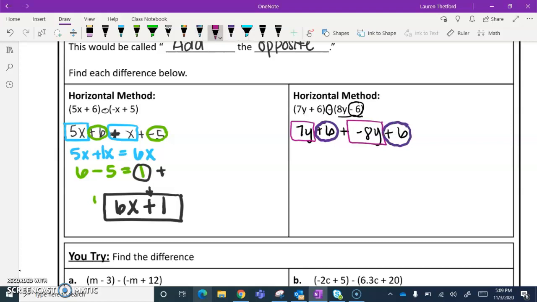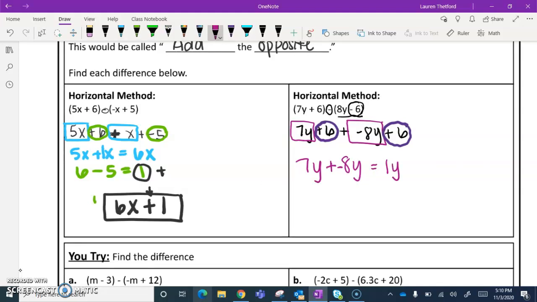Now let's combine those terms. The boxes can only be combined together, so anything with a y can be combined. We have 7y minus 8y, which is like having plus a negative 8y. That's why that's here. These are different signs, so we subtract: 8 minus 7 is 1.